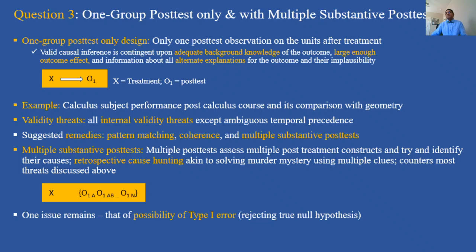So for example, there is a study where students at junior level high school are given a course on calculus, and then after the course their knowledge about calculus is tested or measured, and there is an increase in the knowledge of calculus that they have.